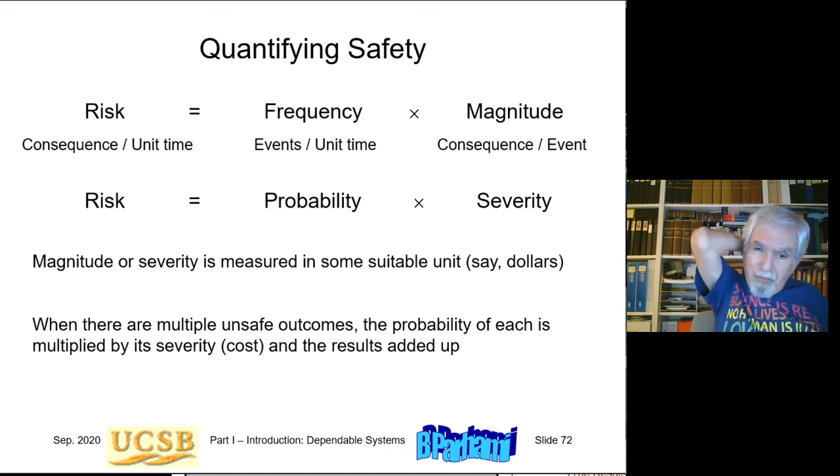So for example, when a plane crashes, we have some financial losses, the plane itself crashing and so on, and there is also loss of life. In order to evaluate the total risk, we know the cost of the plane, so that's the direct dollar loss. But we also lose some people, and we have to assign dollar values to those lives in order to be able to compare losses.